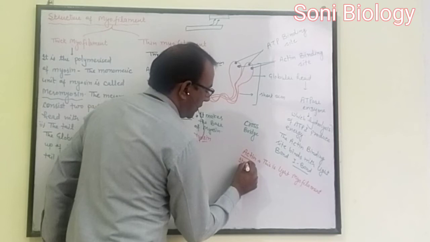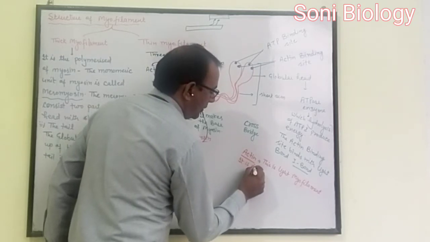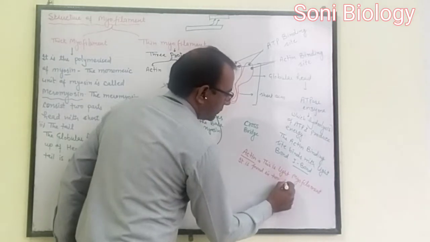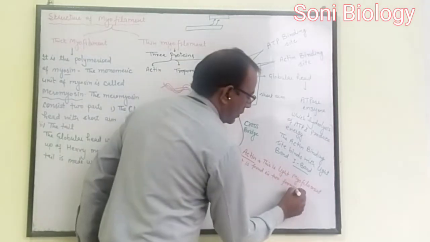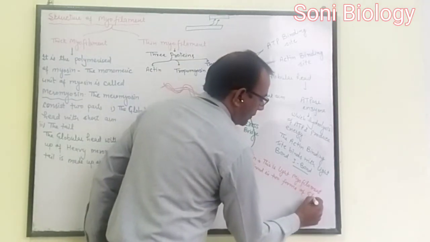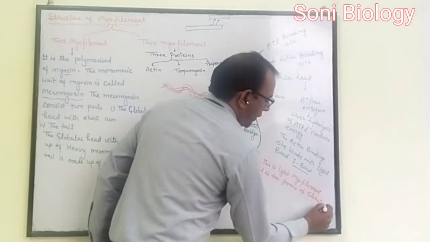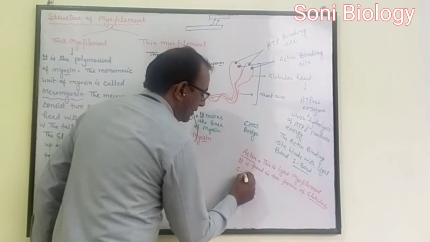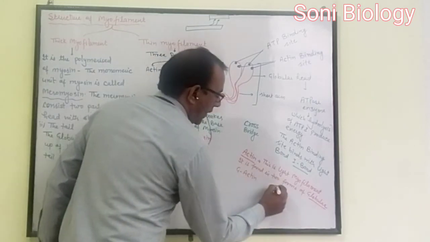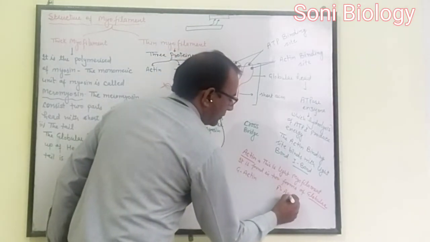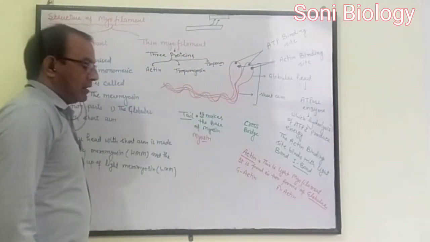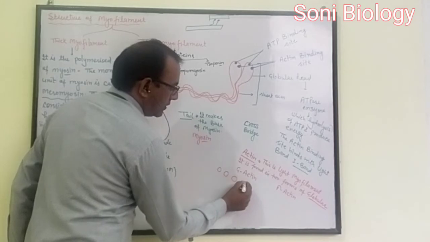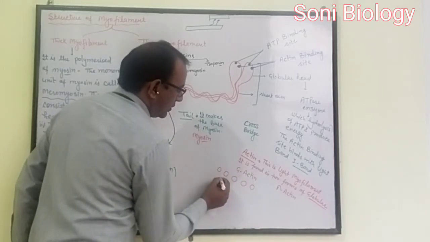It is found in globular forms. Which ones? G-actin and F-actin. The single globular form structure is called G-actin. This is the G-actin.